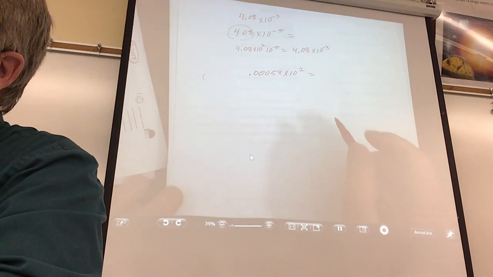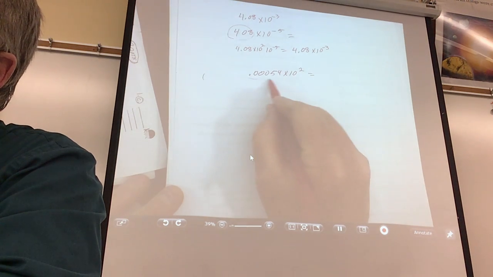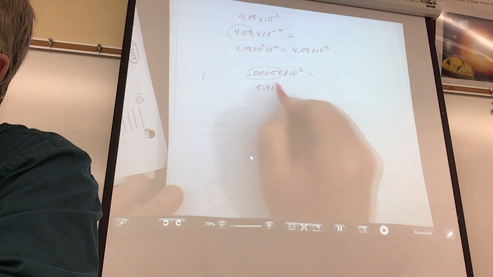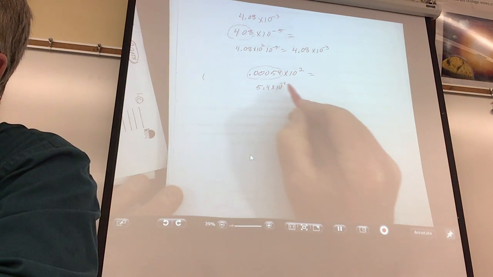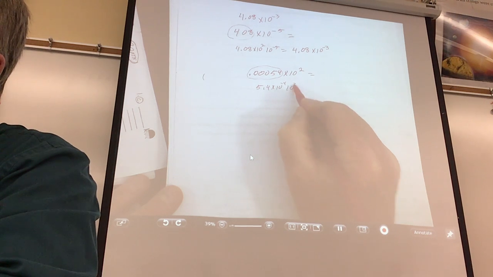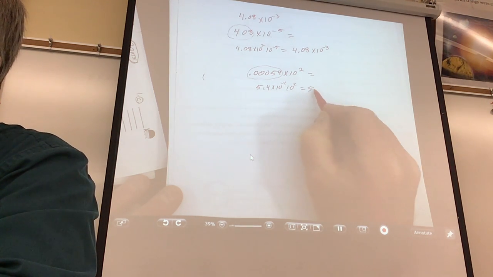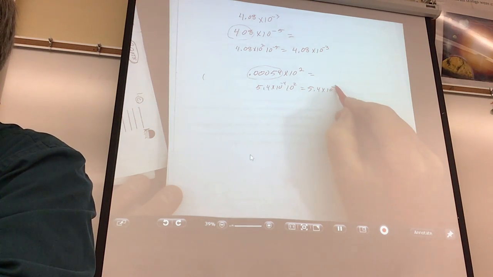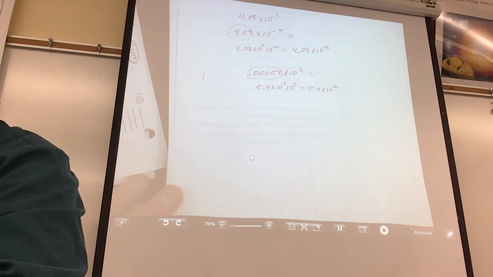Okay, here's method number 1. Method number 1, I'm going to take this and put it in scientific notation. That's a decimal number 1, 2, 3, 4. Okay, now put this back here. And when you multiply numbers with exponents, you add the exponents. See that? That's one way of doing it.